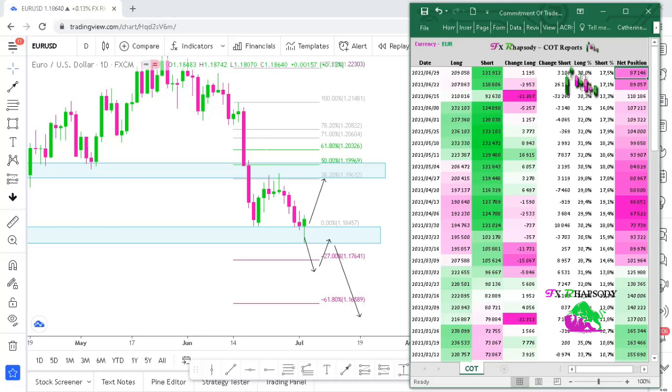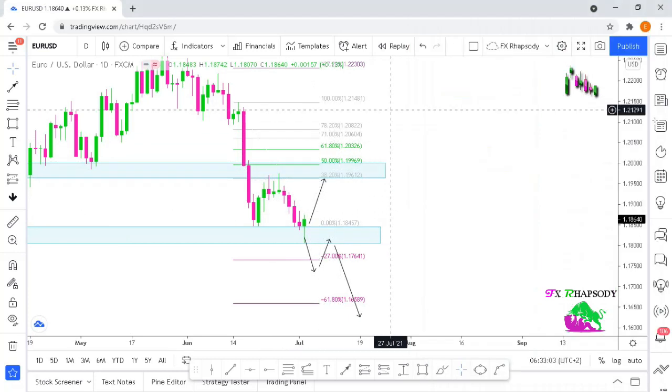There were some longs put in the market, but there have also been some shorts put in the market. But the change in the longs means to me that there might be a slight push to the upside to come and retest this 38.2% area. Again, let's have a look at it this week.